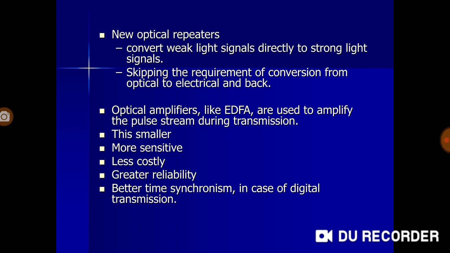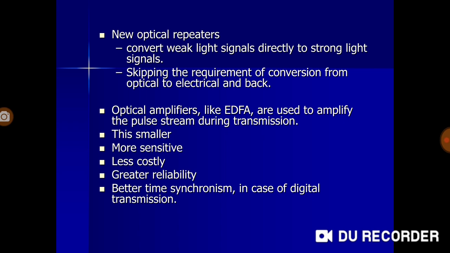So obviously the cost is decreasing, and it has greater reliability because it is not subjected to different equipment. It is rather itself a part of the transmission. So it is more reliable. We don't need to supply other power sources and all that. The fiber itself is amplifying, so we don't need any extra power supply lines attached to it, so it is more reliable.